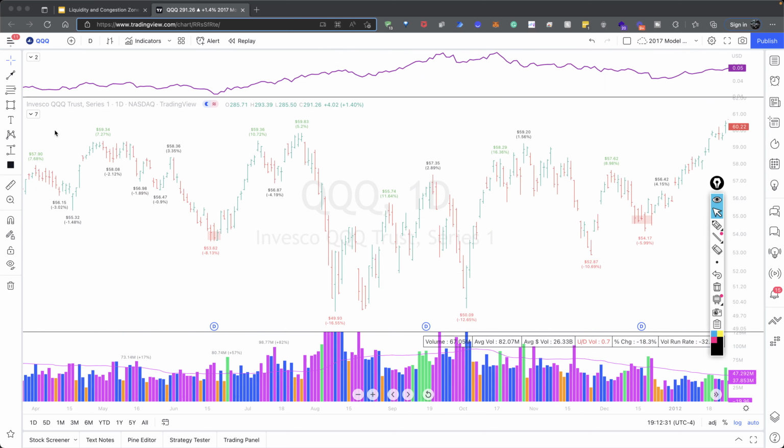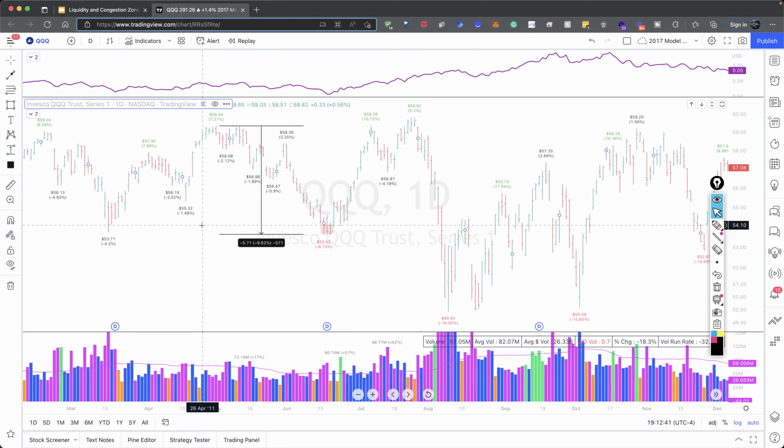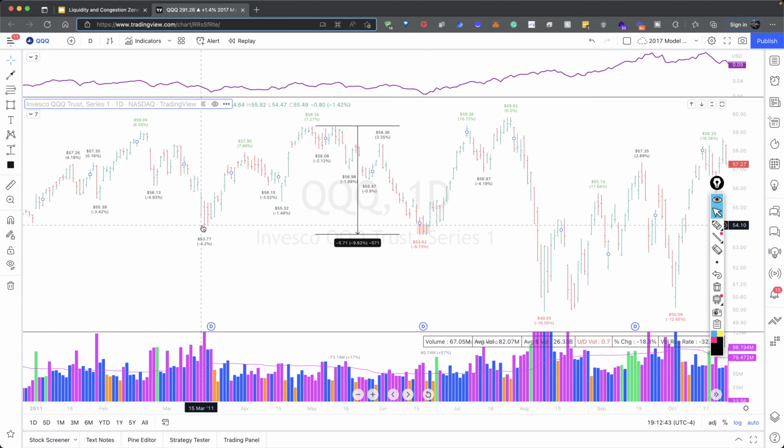Very similar here. Again, the best congestion zones are when the market's in a deep corrective state. So this one just about met the definition of being 10% off highs. What happens is the market is coming in hot off of highs. We build one close, second close, and third close in close proximity.